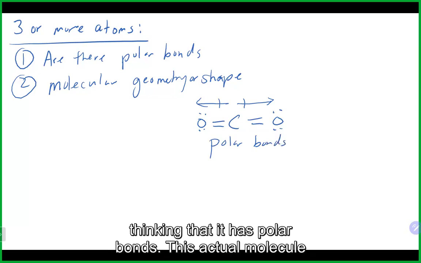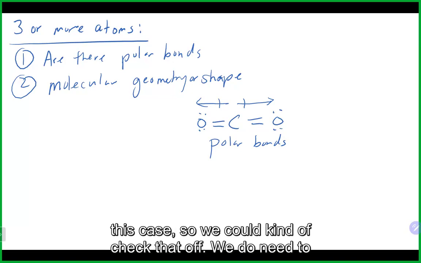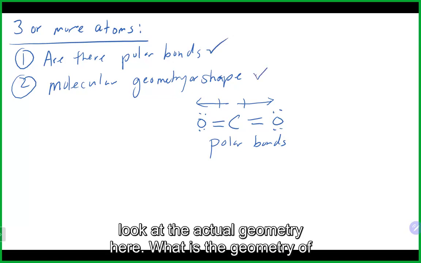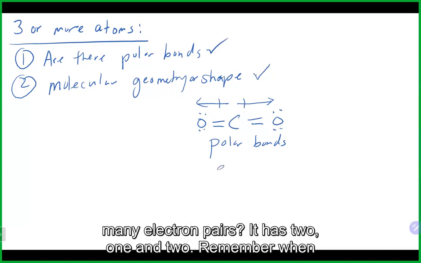So you may be thinking that since it has polar bonds, this molecule should be polar. And you do need to look at the second thing in this case. So we could kind of check that off. We do need to look at the actual geometry here. What is the molecular geometry of this guy? Central atom has how many electron pairs? It has 2, 1 and 2.